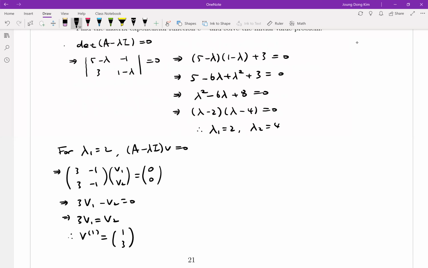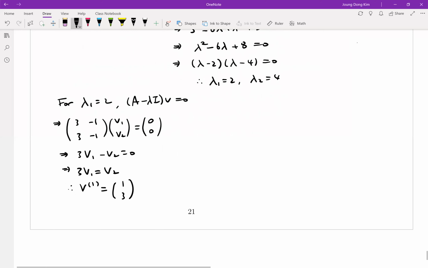My first fundamental solution is e to the 2t times [1, 3], which is [e to the 2t, 3 e to the 2t]. And that's perfect. Then what about the other one?